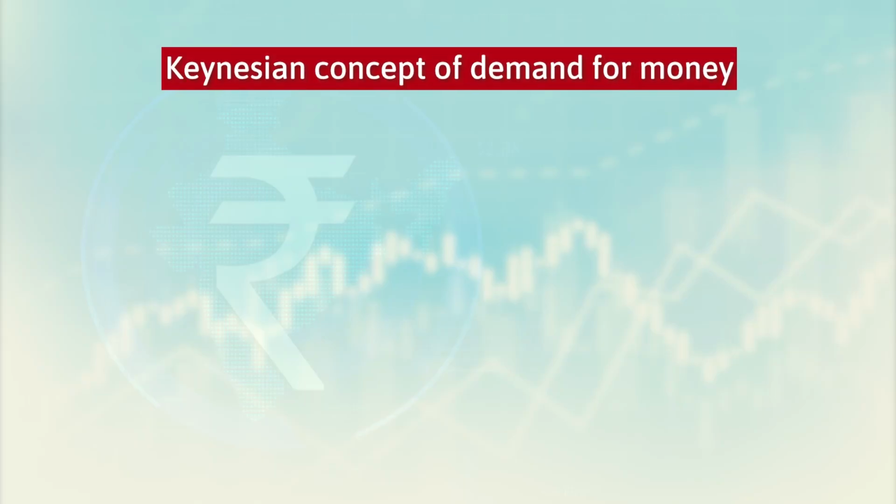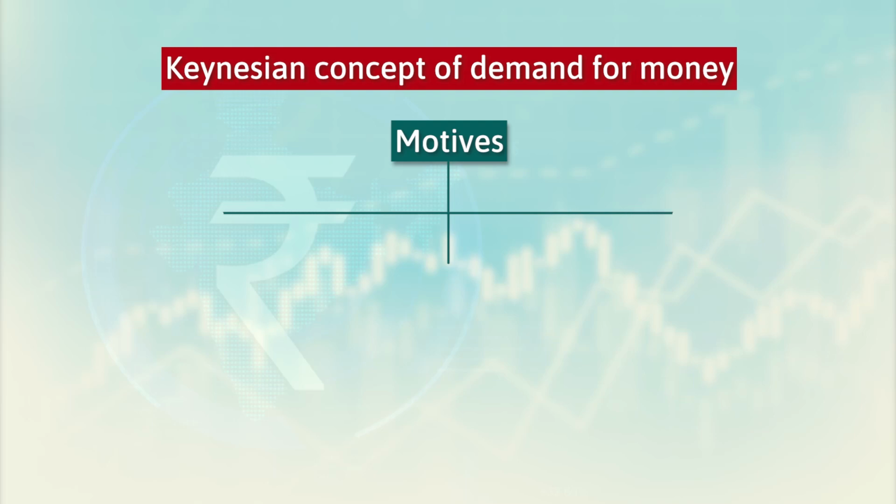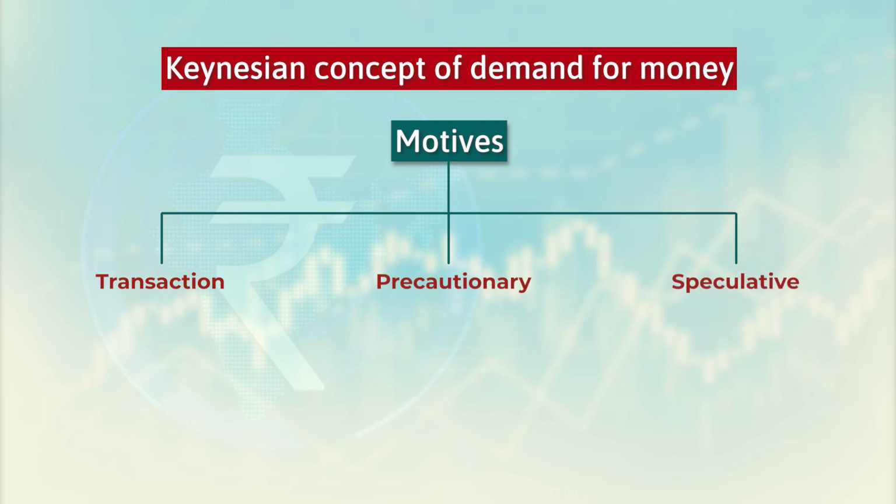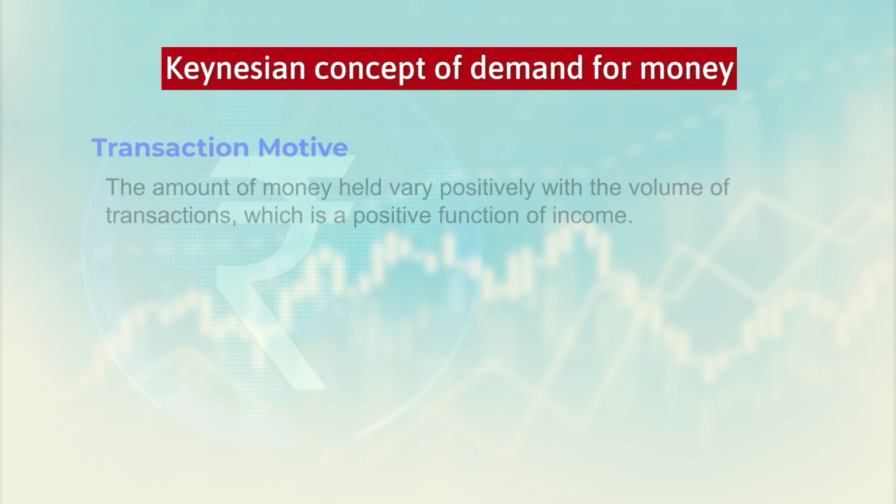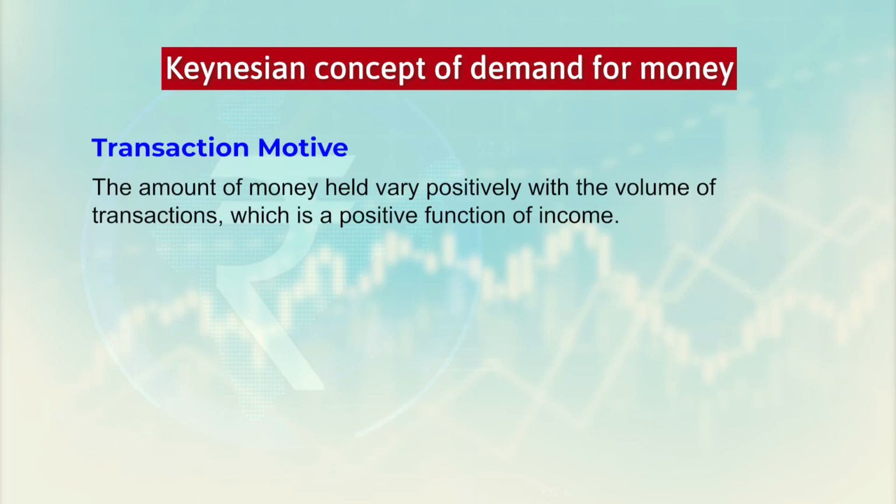According to Keynes, these motives are of three types. One motive is the transaction motive, motive number two is the precautionary motive, and motive number three is the speculative motive.